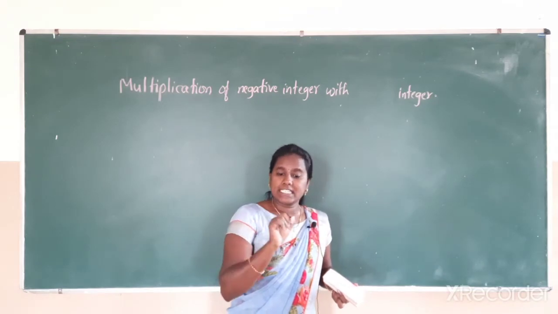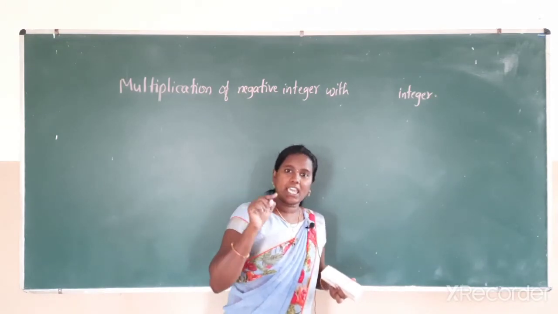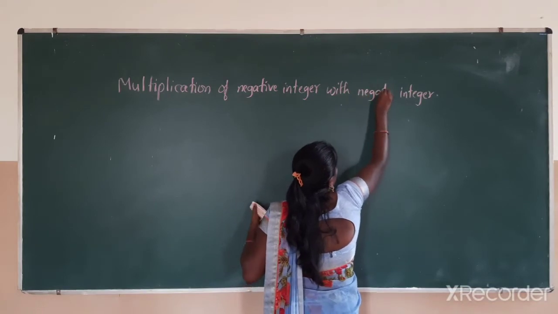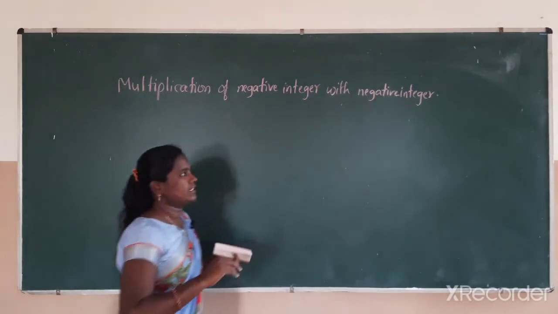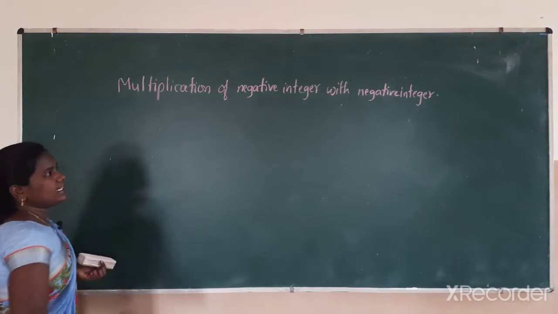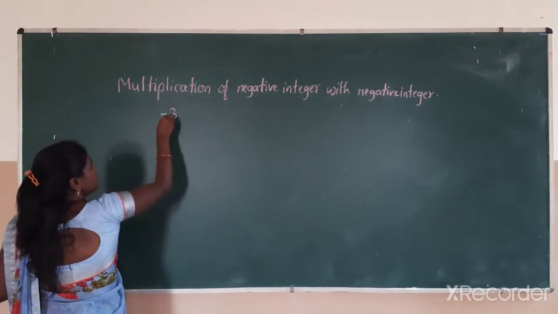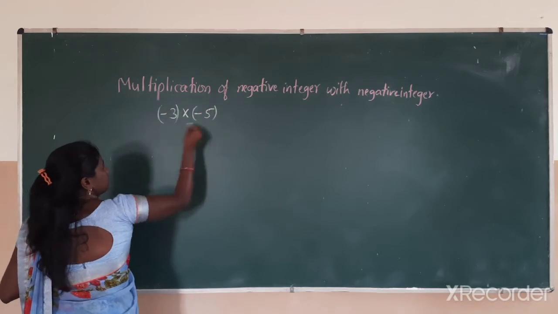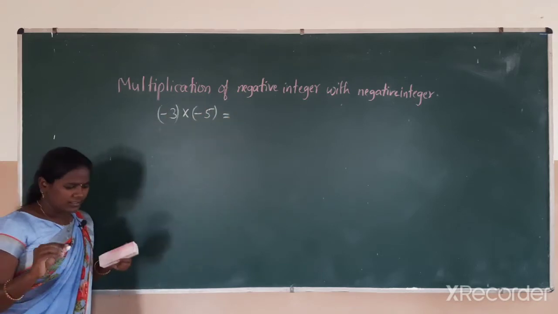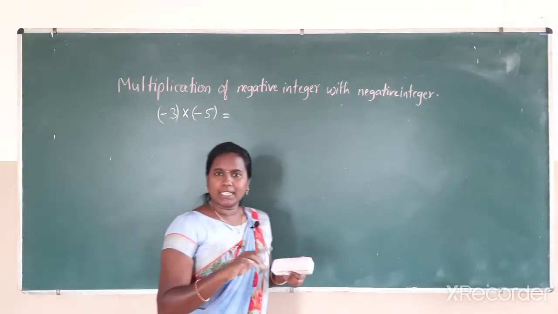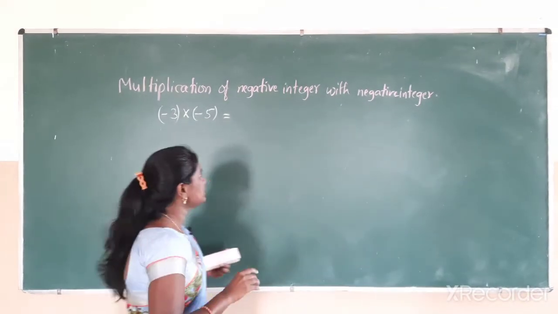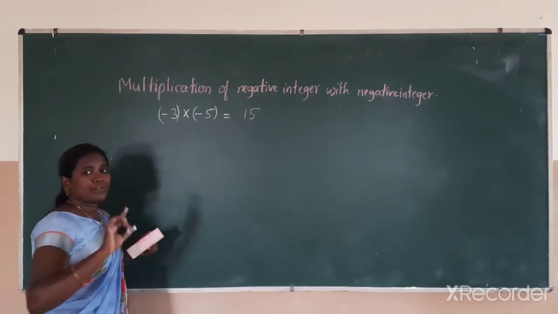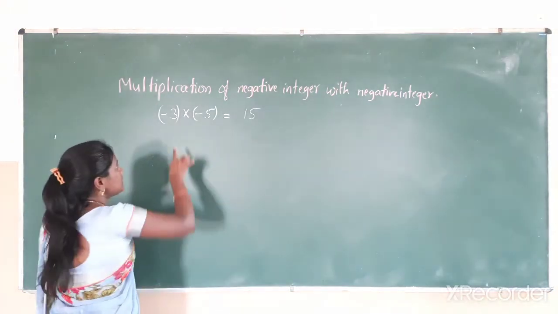Negative integer with a negative integer. Let us take an example. It is minus 3 into minus 5. Both are negative integers here. Minus 3 and minus 5 both are negative integers. So 3 5s are 15.